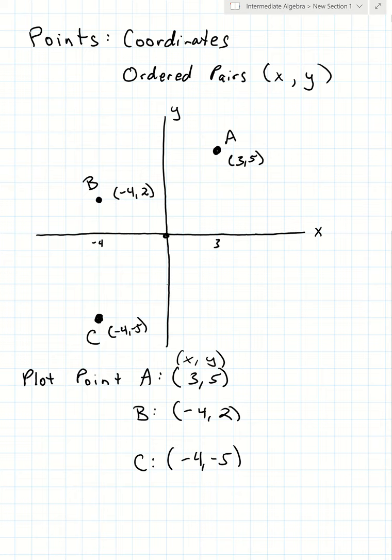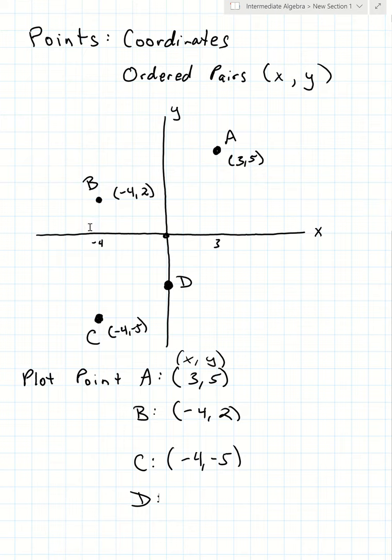Let's say I was to give you this point. Here we have point D. And point D is located on the graph. We need to come up with the coordinates. Okay, we now want to come up with the ordered pair, the x and the y value. Well, in terms of x, we're not going to the right in the positive direction.